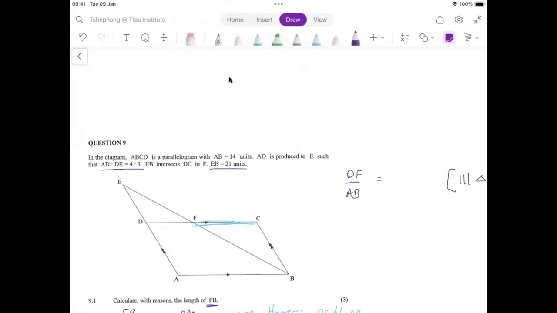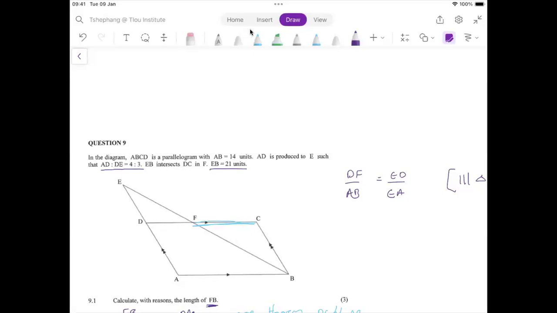Yes. Yep. Thank you. I've just seen my mistake. Thank you for that correction. So it's DF over AB must be equal to what? To ED over EA. Because we've proven similarity, I repeat, because we've proven similarity, they are in the same proportion.